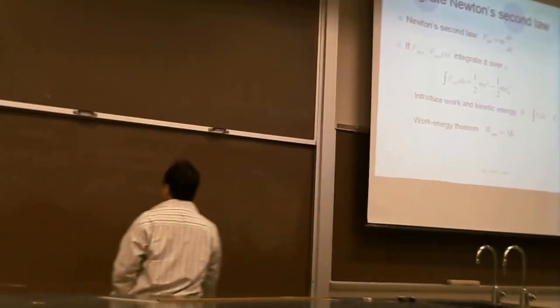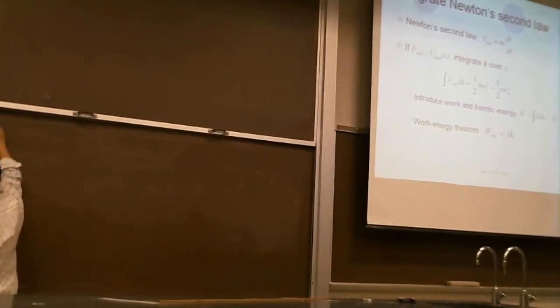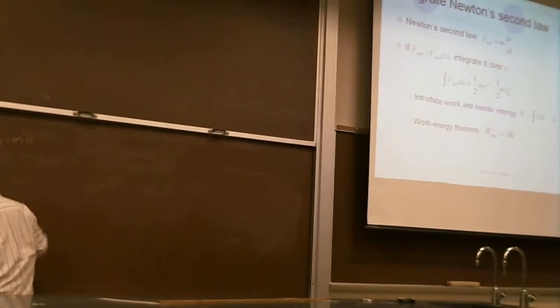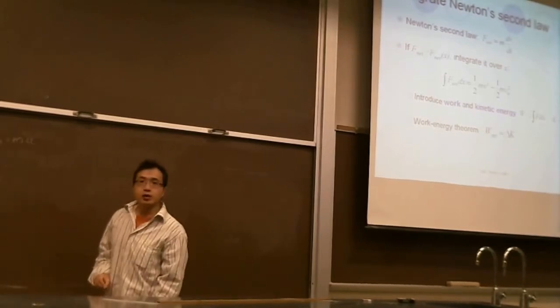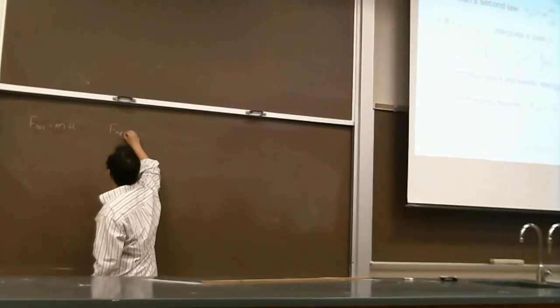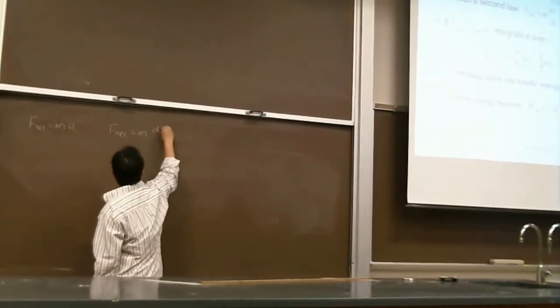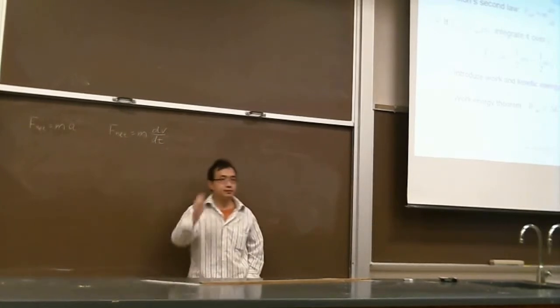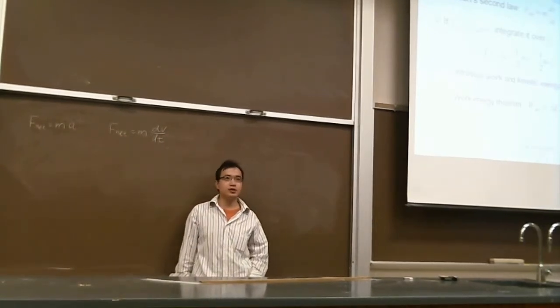Newton's second law says that F net equals ma. In the differential form, it's F net equals m dv over dt. Acceleration equals dv/dt, the derivative.